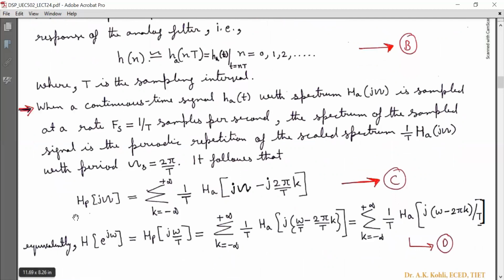So H_p(jΩ) clearly indicates that there is a repetition of the scaled spectrum 1 by T H_a(jΩ).